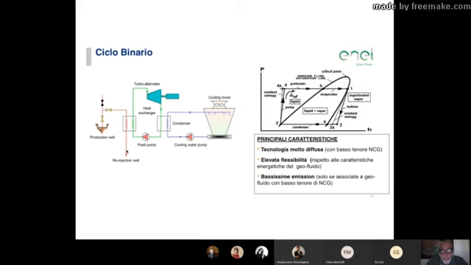What is the drawback of a binary cycle? That if your non-condensable gases are very high in percent, and this is the case of Italy, then it's very hard.